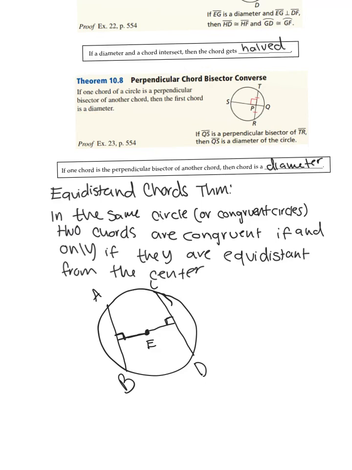You guys should know this, right? So if the distances between the point and each chord are congruent, then that means that these two chords must be congruent.